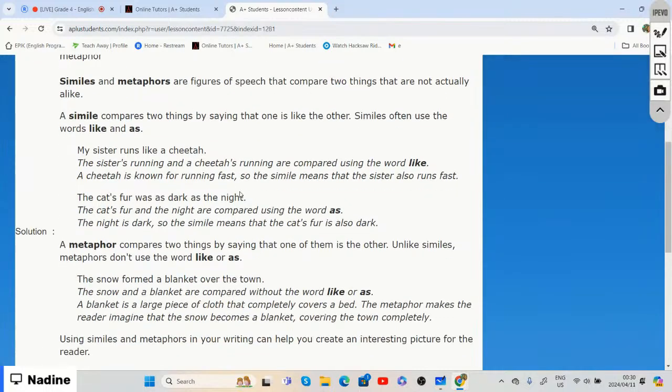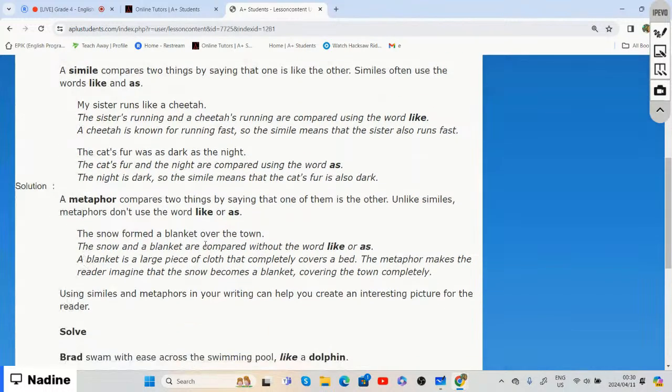A metaphor compares two things by saying that one of them is the other. The metaphor makes the reader imagine that something is happening.